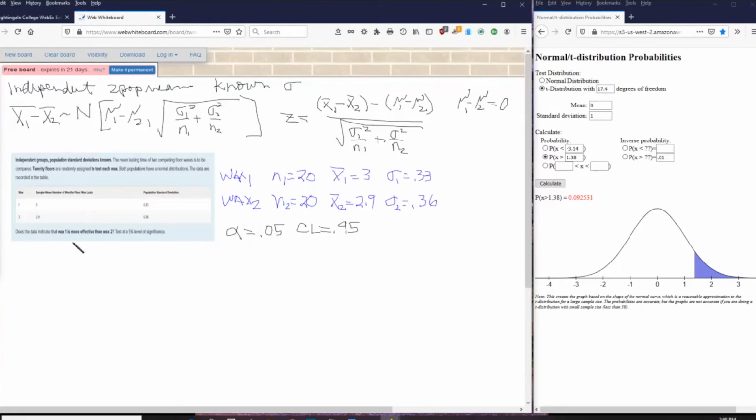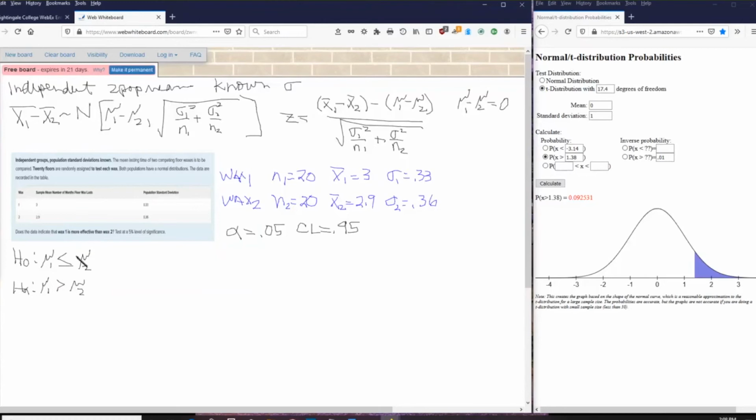We're going to set up our null hypothesis and alternative. So our null hypothesis is that the mean of the first wax is going to be less than or equal to the second, and the alternative is that the mean of the first is greater than the second.